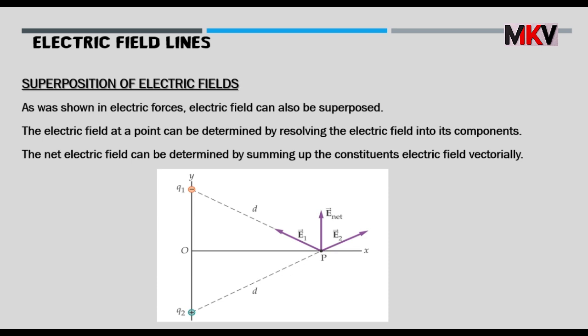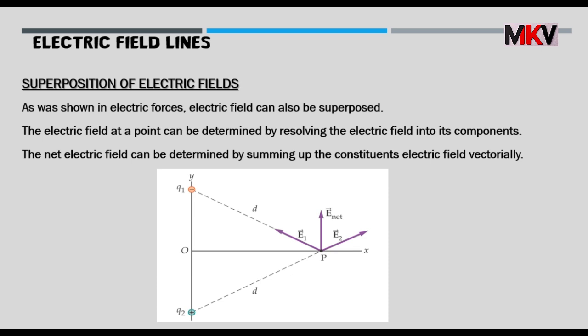So we are supposed to find the electric field that charge Q2 has at point P and the electric field that charge Q1 has at point P. With that, we take into consideration the direction of the electric field.